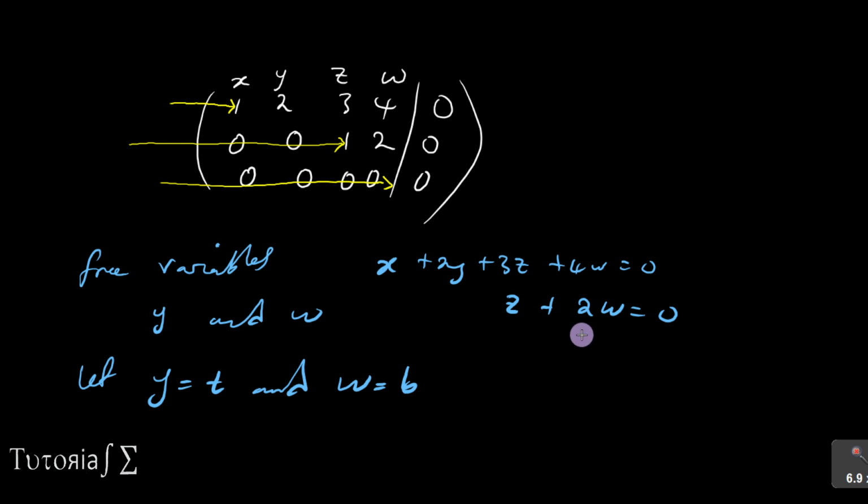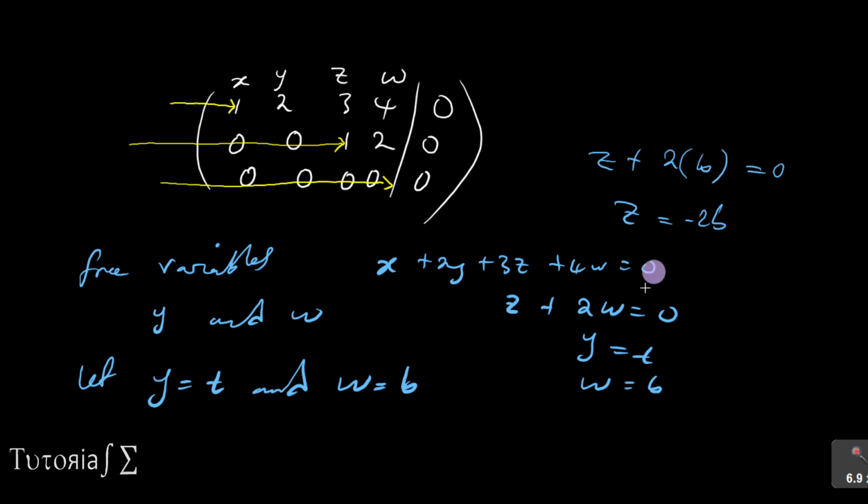Then we have y equals t and w equals b. So we just replace to find z: z plus 2w, where w is b, equals 0. So z will be equal to negative 2b.